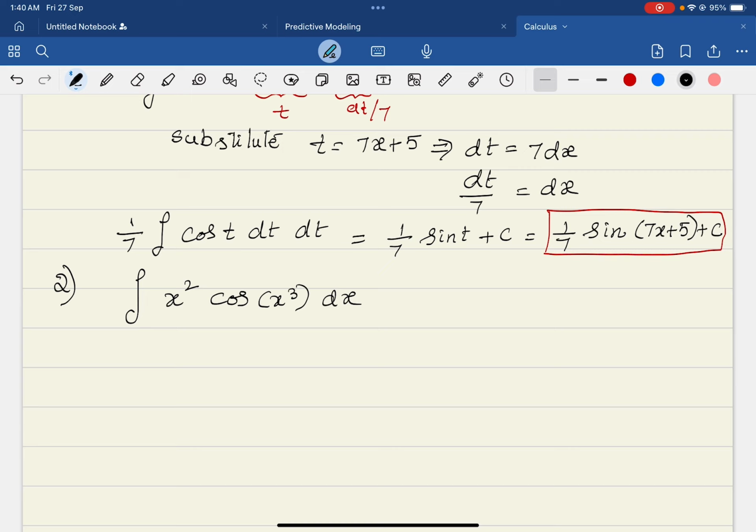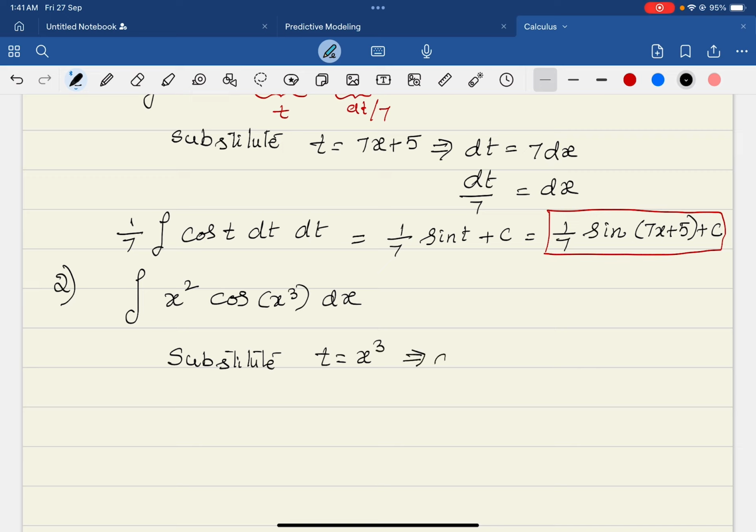Then what we do here is replace. In the place of f of g of x, as I told you, you have to take the inside function, and what is the derivative of x cube? It is 3x square. Of course, we don't have the 3, but x square is present, right? So the substitution here is t is equal to x cube.